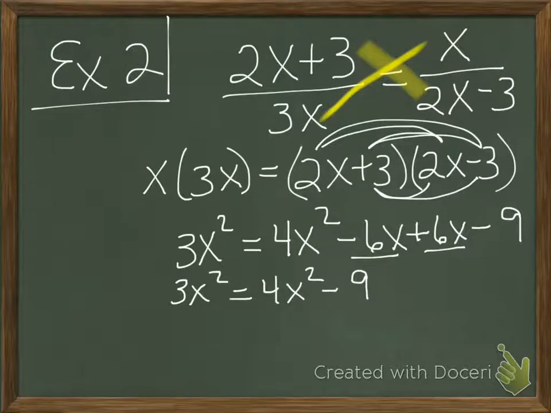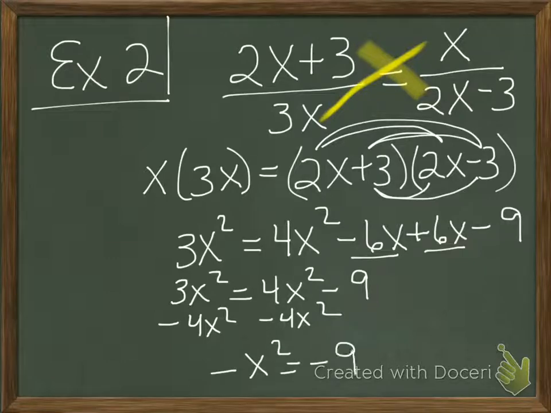Now I want to solve this for x, so I'm actually going to subtract 4x squared from both sides. That leaves me with negative 1x squared equals negative 9. So I'm going to divide by negative 1 on both sides.